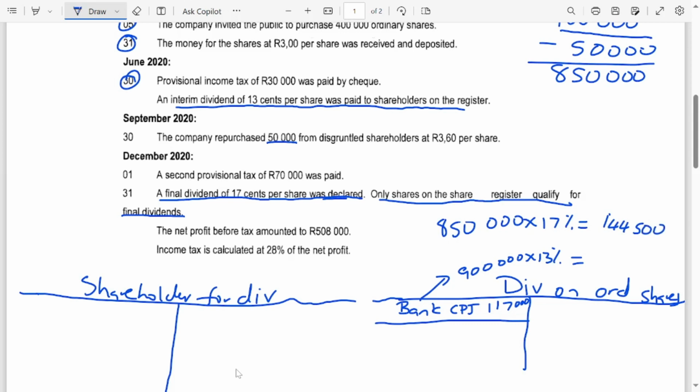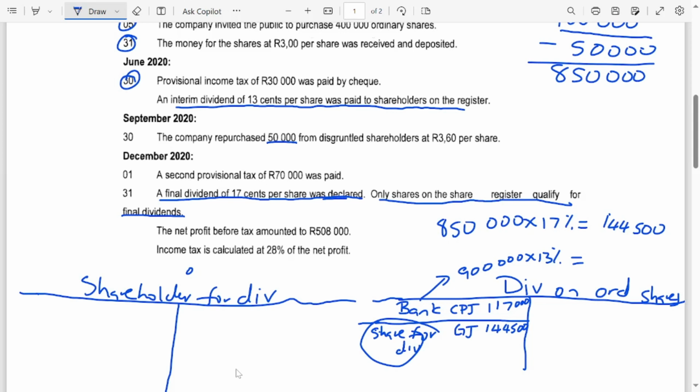It's 144,500. Right? So the journal here is the general journal. The account that you're going to write in here is shareholders for dividends. This account, which is a liability. So we know the double entry system.